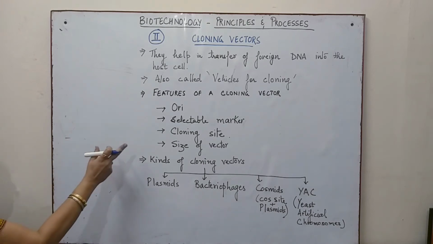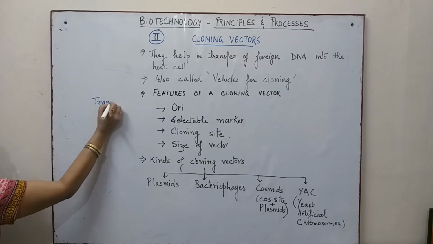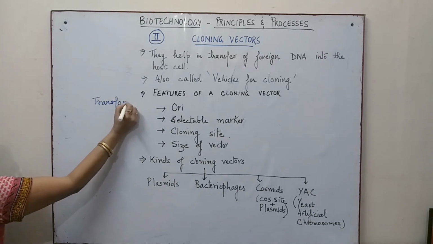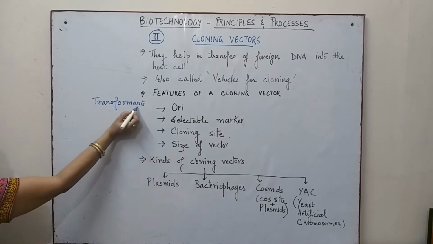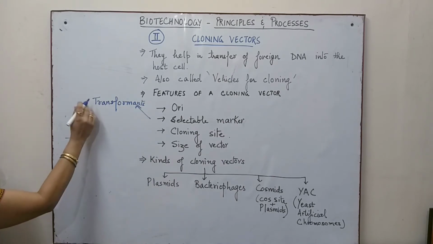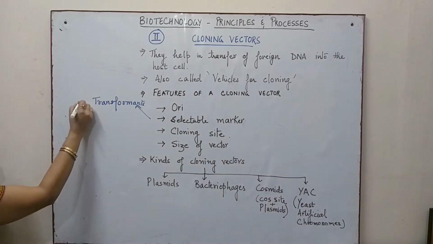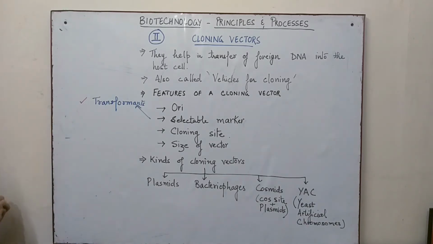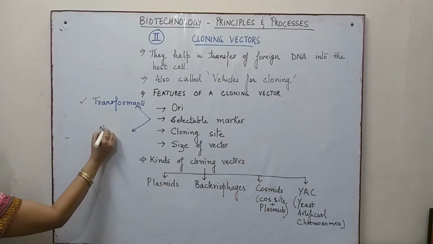So the marker function is to identify the transformants, and the selectable marker is to identify the transformants, right, and to eliminate the non-transformants.